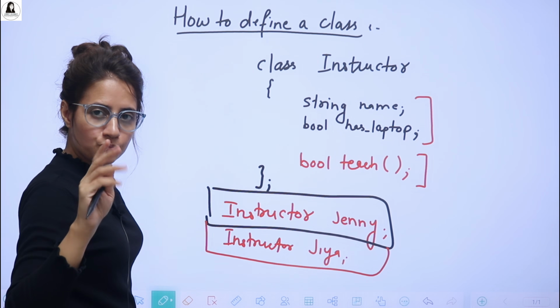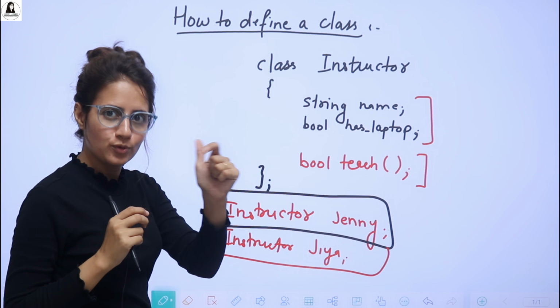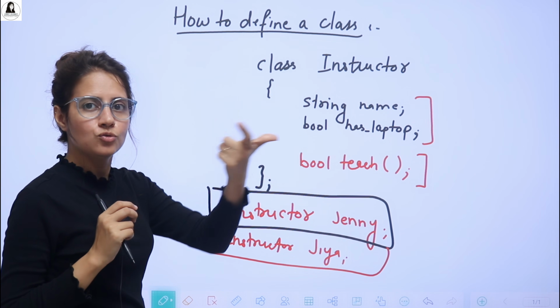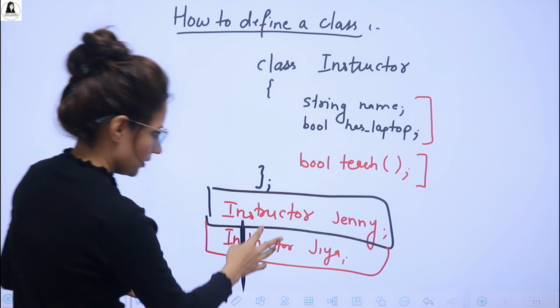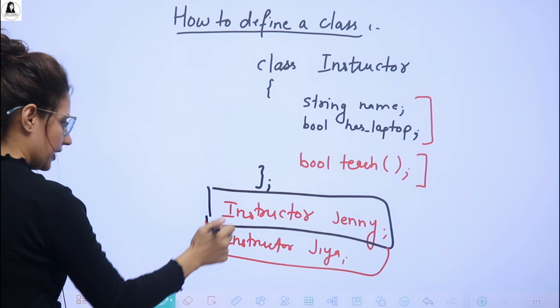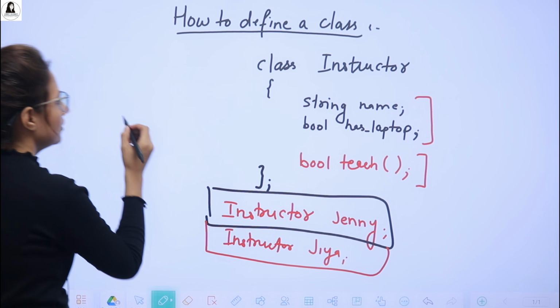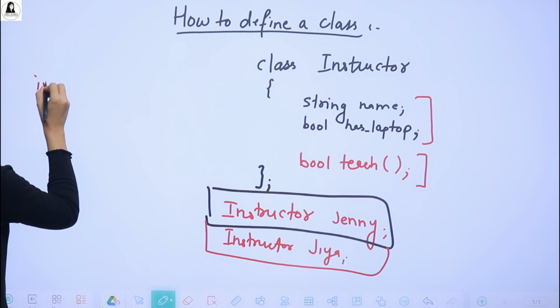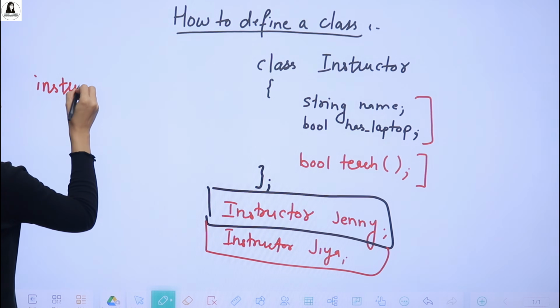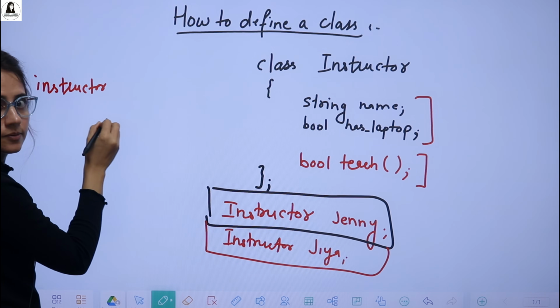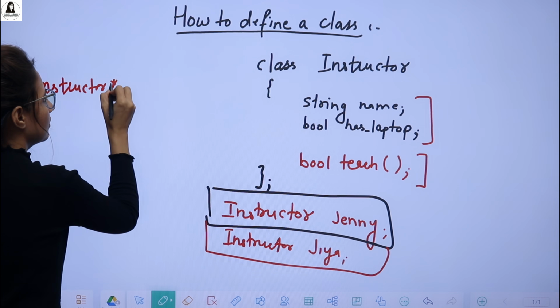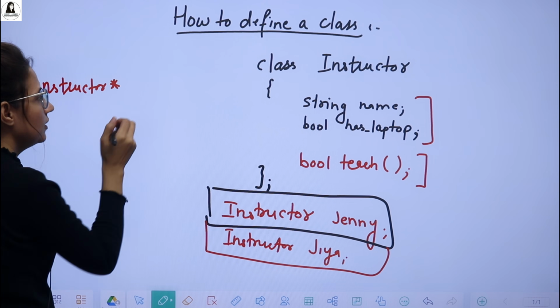There is a second method with the help of the new keyword also. You can create an object, but that would be like a pointer to an object. And I hope this is clear to you. Now, next is what? This is how you can create the name of the class, right? Here the pointer asterisk symbol.